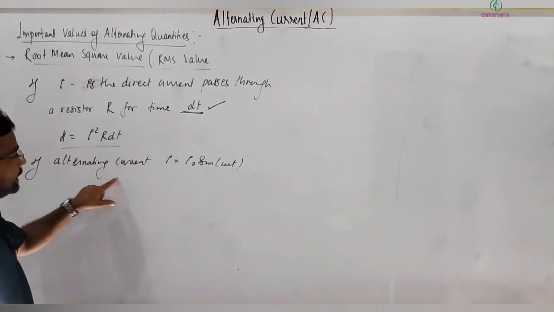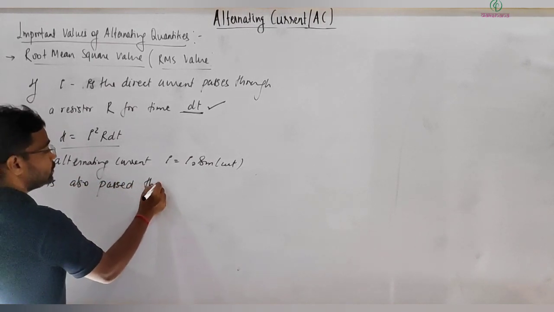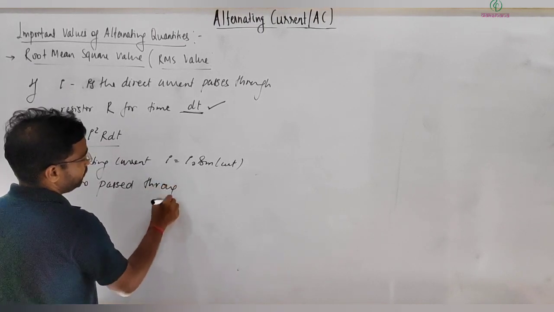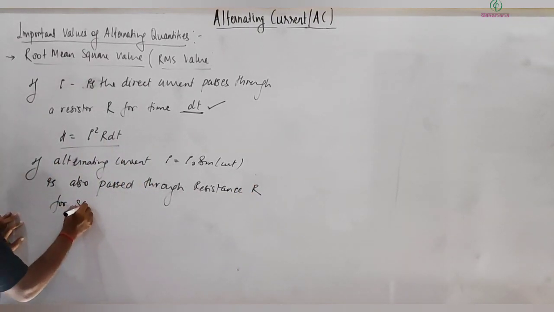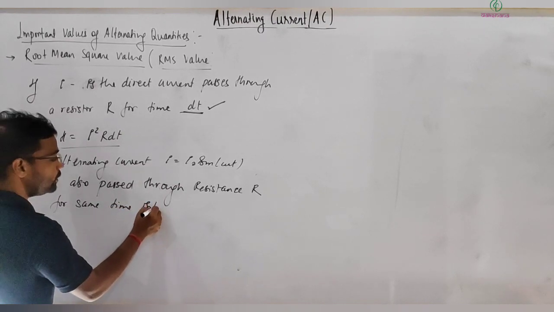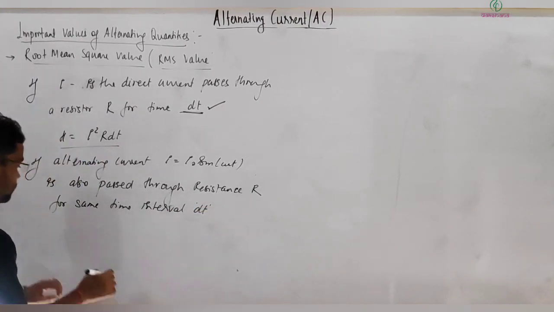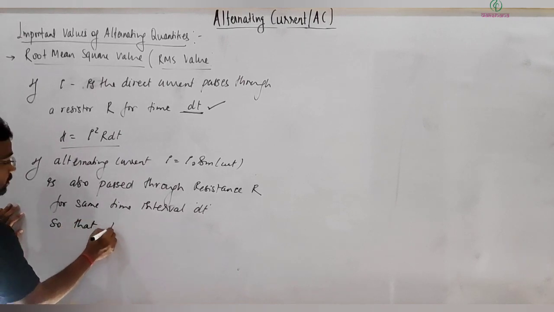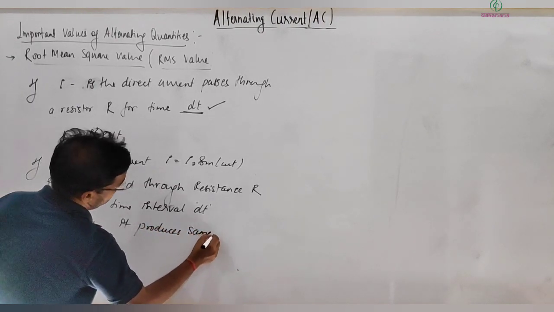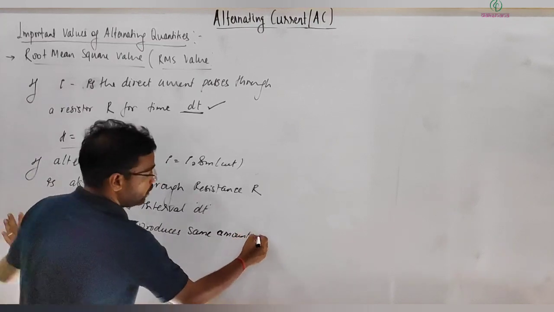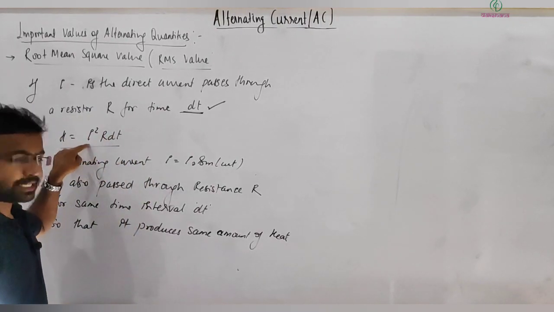So if this alternating current is also passed through resistance R for the same time interval or duration, then to produce the same amount of heat, in that case, I is the DC current.